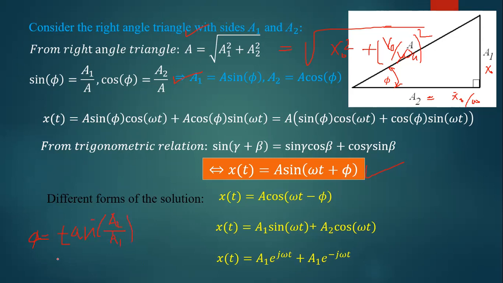This means it is equal to tan inverse of v naught over x naught times omega n. That is the phi value.